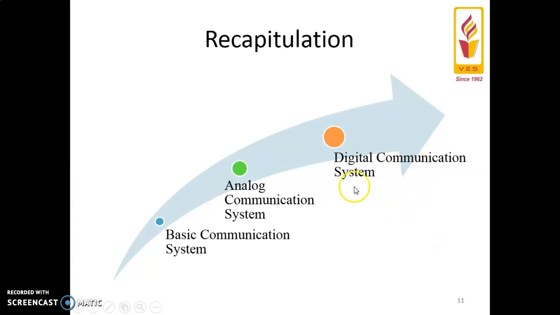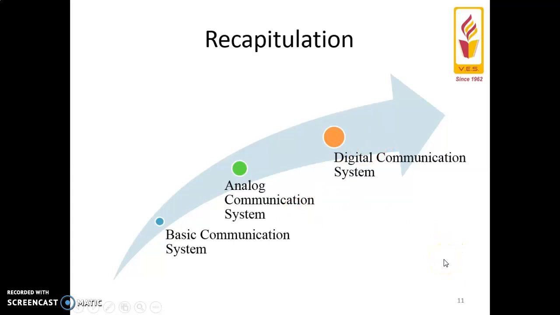In the digital communication system, we can use a lot of multiplexing techniques, where TDM and FDM can be used to utilize the bandwidth to its maximum level. Whereas in the analog communication system, we cannot use TDM, we can use only frequency division multiplexing. So this is the complete summarization of analog and digital. Now you will be able to compare both systems.